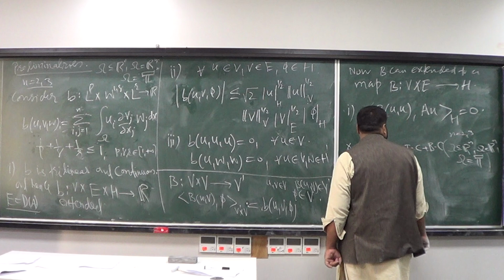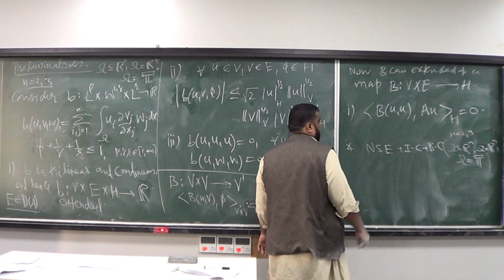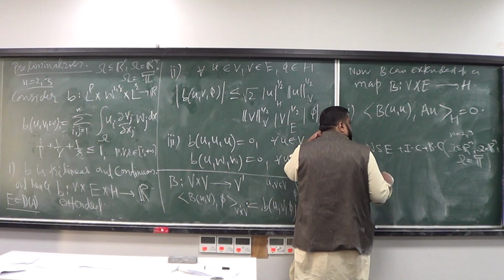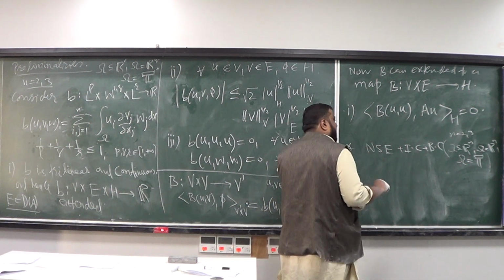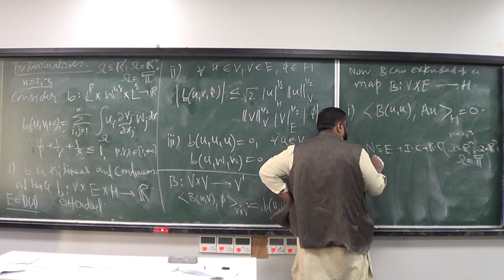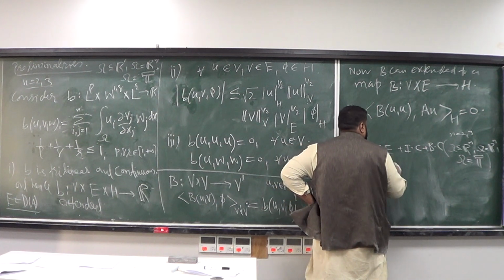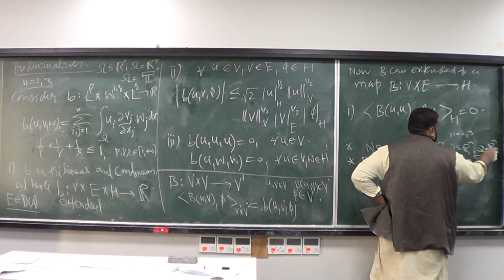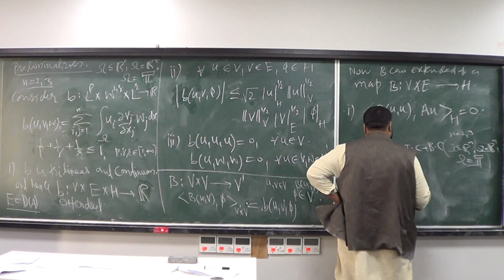So I defined my Navier-Stokes equation in such cases, and then I talked about the functional setting. The functional setting is different if you are considering the full space or the torus.